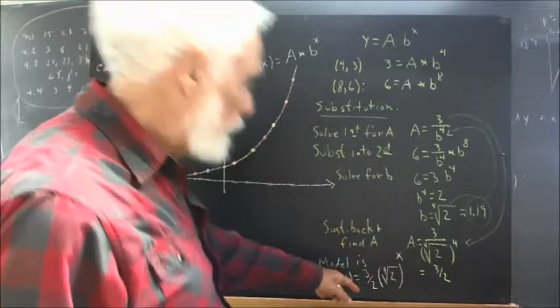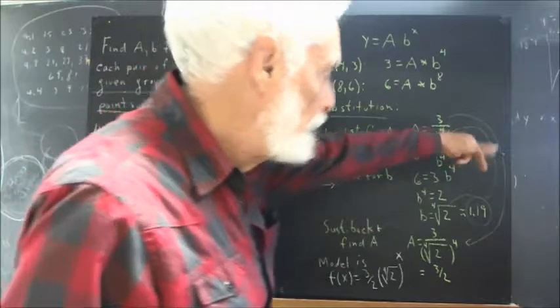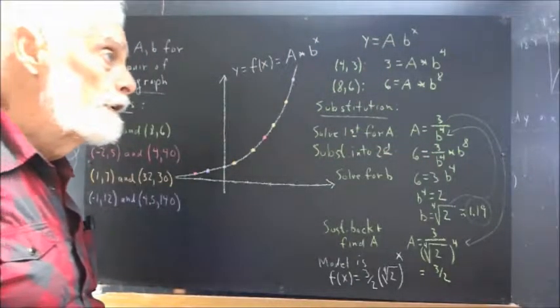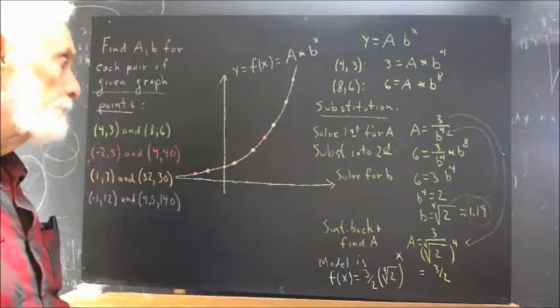And you could say that's approximately 3/2 multiplied by 1.19 raised to the x. So we have a model for this function.